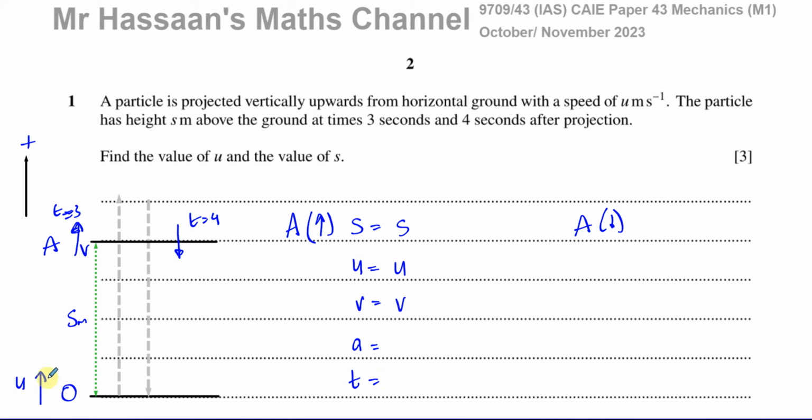Now A, because acceleration always acts down towards the ground, the value of the acceleration in our situation is acting down, and we've taken up as positive. It's going to be minus g, which is minus 10. And T, we know on the way up, that's 3 seconds.